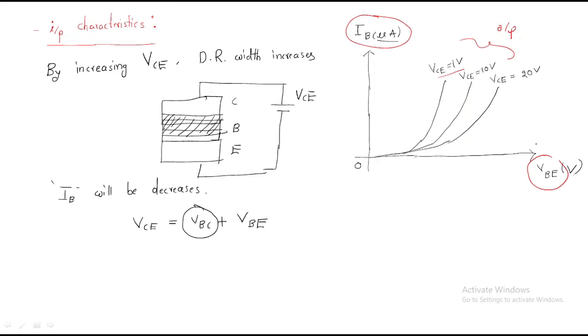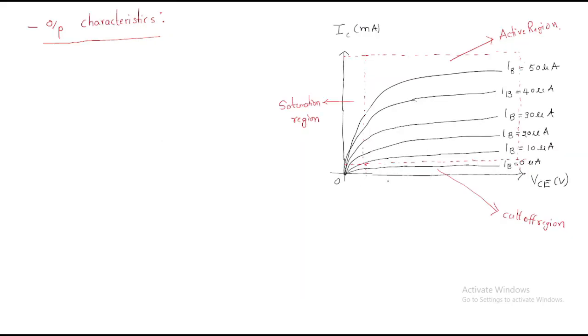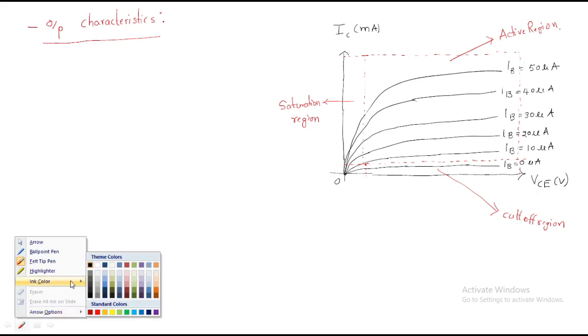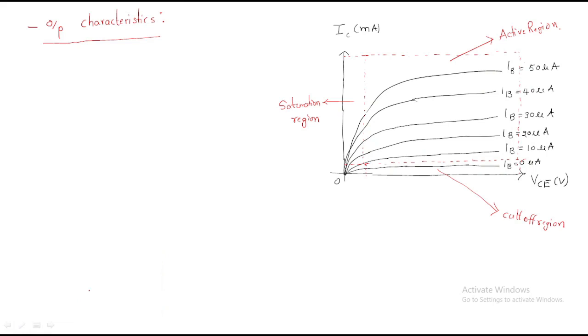Generally these input characteristics are not significantly affecting, but the most important characteristics are the output characteristics. Here, look at the output characteristics. What is the output? Output is the collector and emitter voltage.